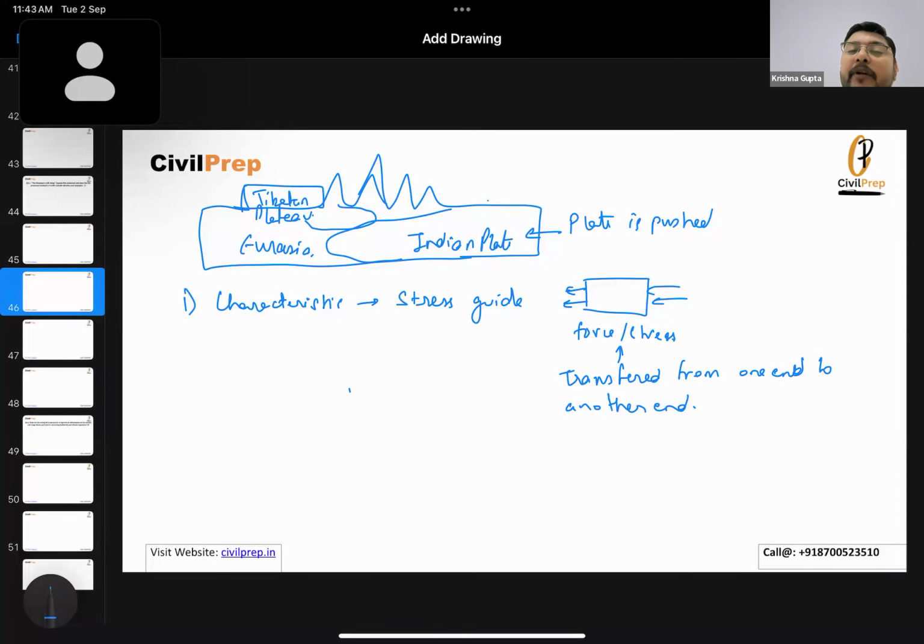Therefore, there is no deformation of the plate in between, but the plate is still subducting and still moving forward, which results in the rising of the Himalayas. This is the stress guide mechanism, due to which all the forces given from one end are transferred to the other end. This is also explained by systems analysis, which explains why these Himalayas are rising in contemporary time. The second thing we'll be seeing here is that there is still a convergence motion.